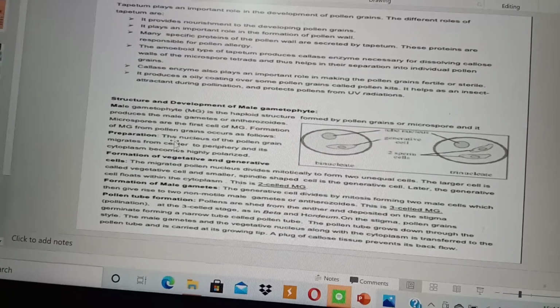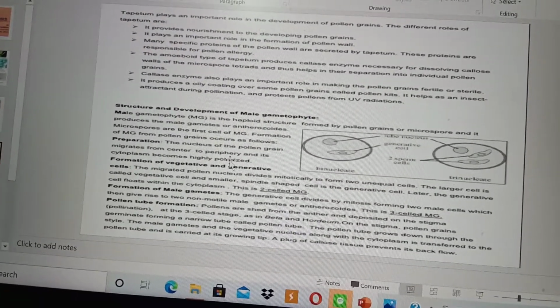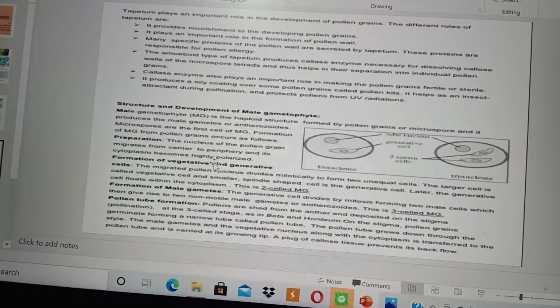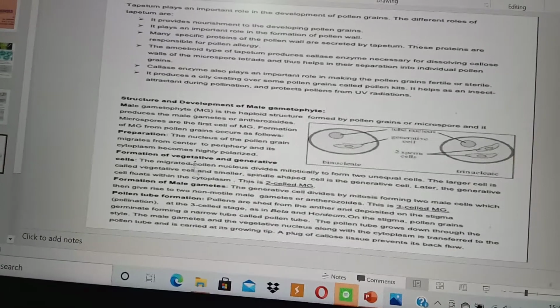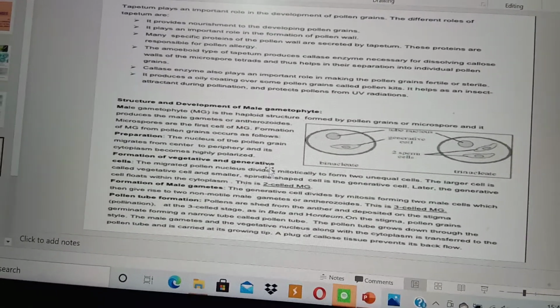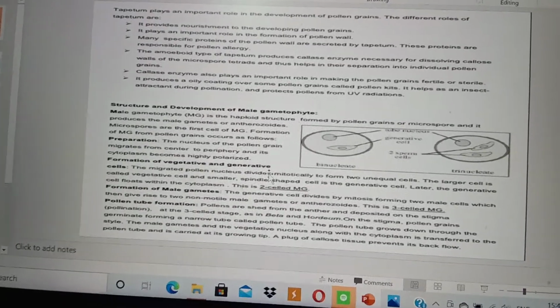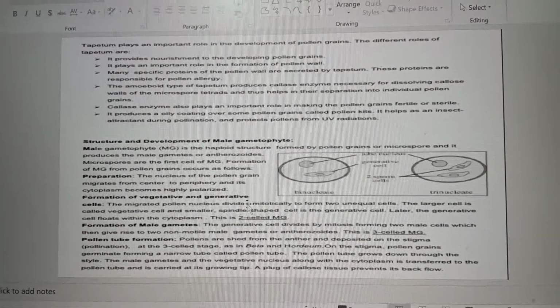Preparation: the nucleus of the pollen grain migrates from the center to the periphery, and the cytoplasm becomes highly polarized. Formation of vegetative and generative cells: an unequal division occurs inside the microspore, and it divides into two unequal cells, one vegetative cell and the other a generative cell.